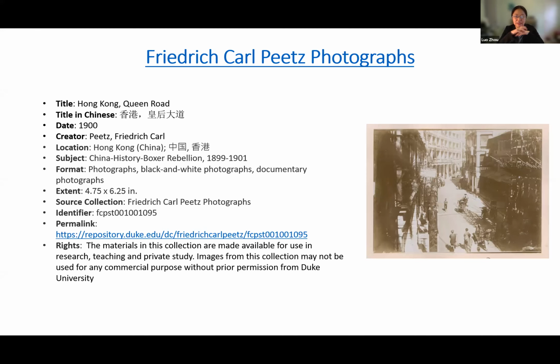Another thing you can see that's different from metadata for just the finding aids needs: this one, as I explained, has already been digitized, so we have a permanent link. This link is linked to this photograph in the digital collection. And last but not least is a rights statement, the copyright statement. For the finding aids, you have one statement at the end of the finding aids.